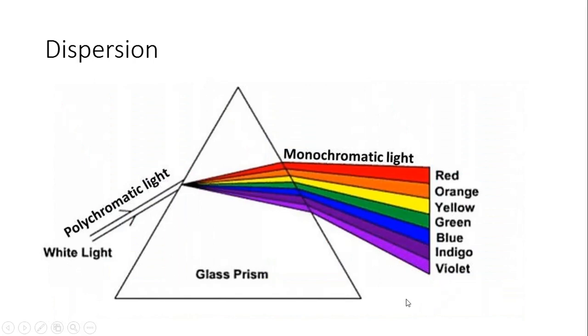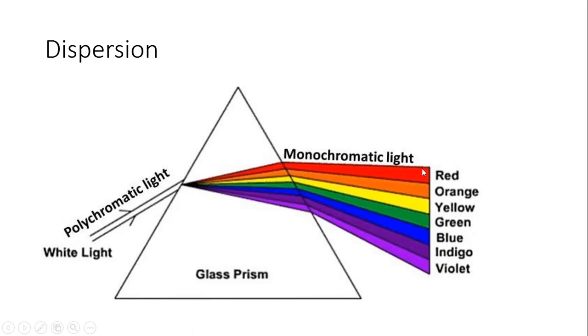And next we will discuss dispersion, which is very closely related to refraction because dispersion happens because of the refraction. So white light or polychromatic light, we call it poly because white light consists of several monochromatic lights.